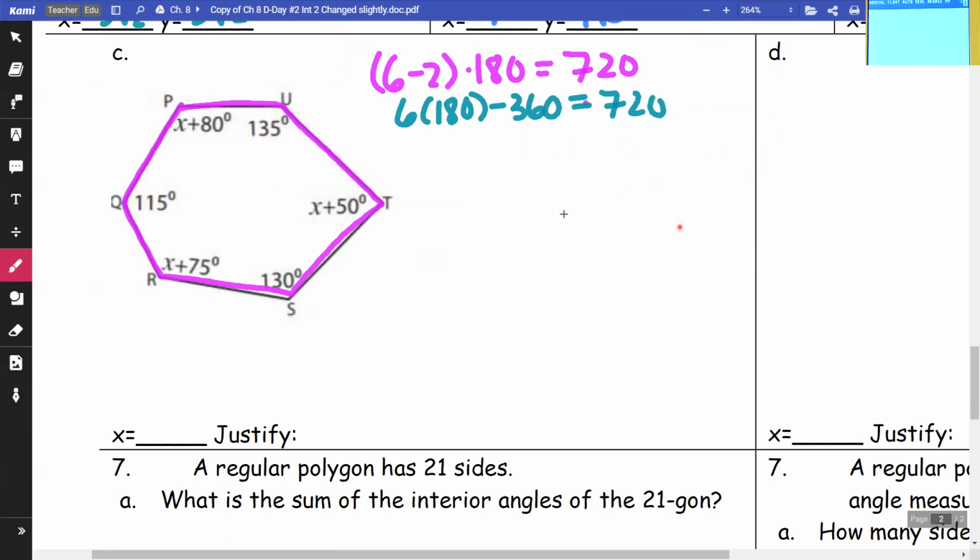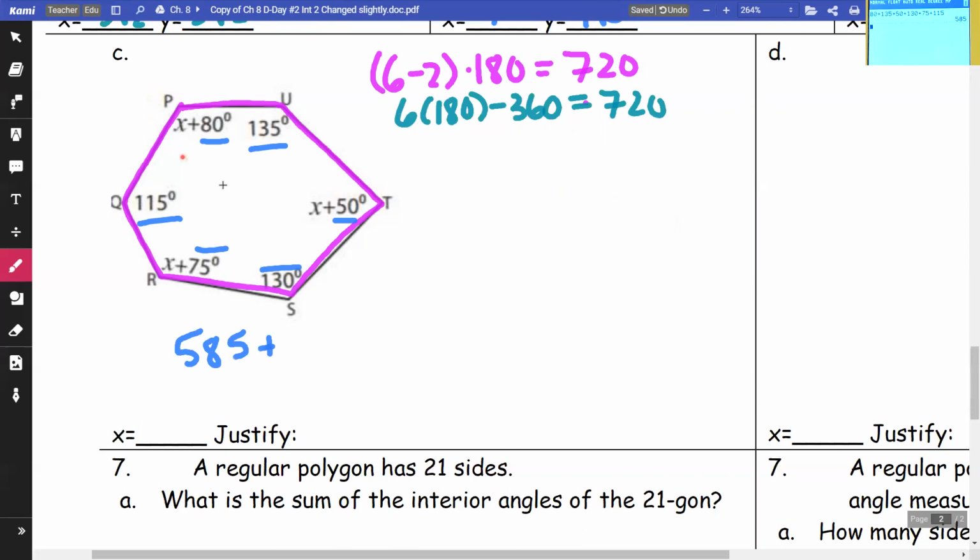Let me just take my numbers. So I have an 80, a 135, a 50, another 130, a 75, and a 115, which together is going to give me 585 plus my x's.